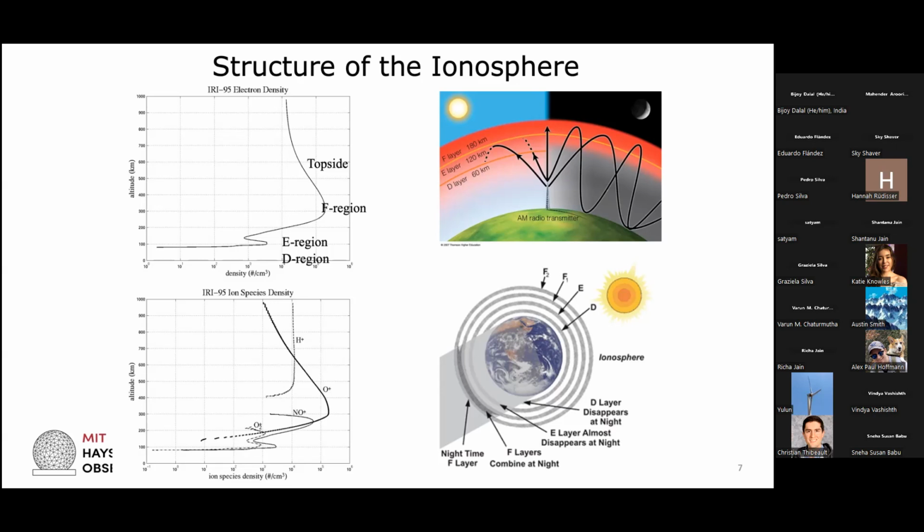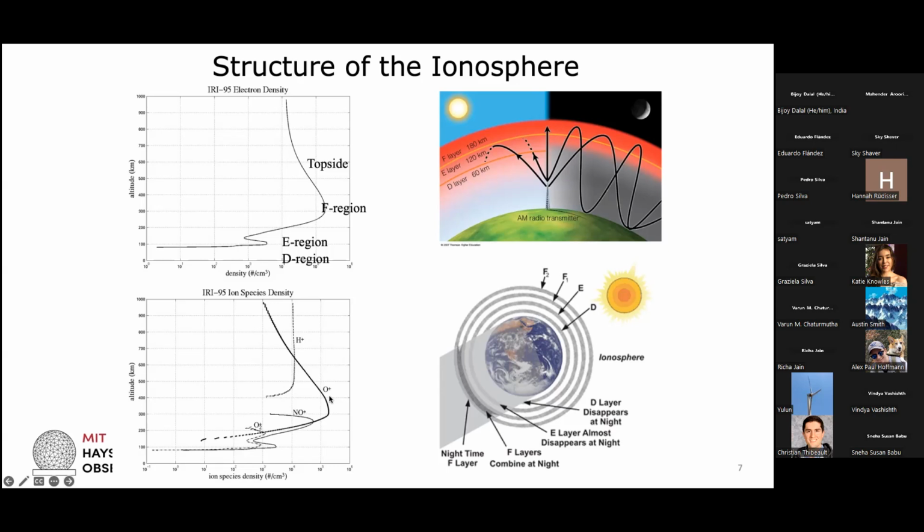One of the reasons, and we're going to talk about this too, that we have different regions in the ionosphere is because we have different constituents at different altitudes. You'll see that below 200 is primarily oxygen ion, then we have nitrogen or NO plus.